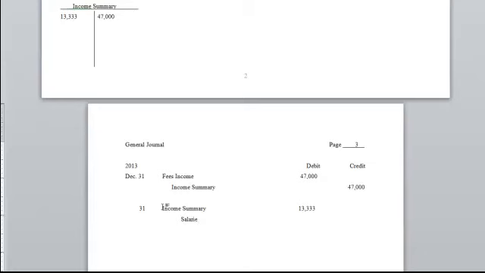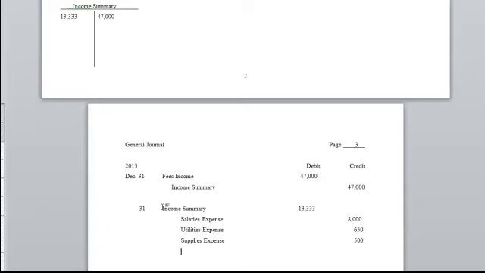salaries expense for $8,000. I'm going to credit utilities expense for $650. I'm going to credit supplies expense for $500.